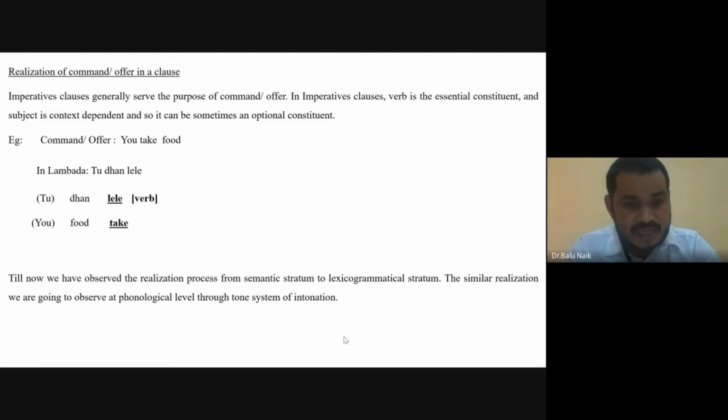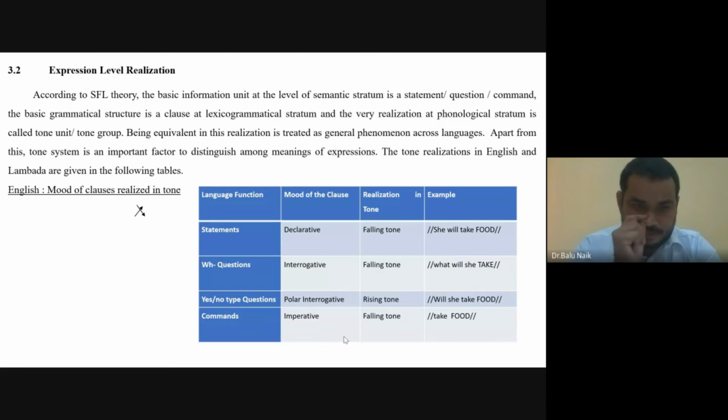Till now we have observed the realizations from the semantic stratum to the lexicogrammatical stratum. In a similar way, we are going to observe the realization at the phonological level through the tone system. According to SFL theory, the basic information unit at the semantic stratum is a statement, question and command.